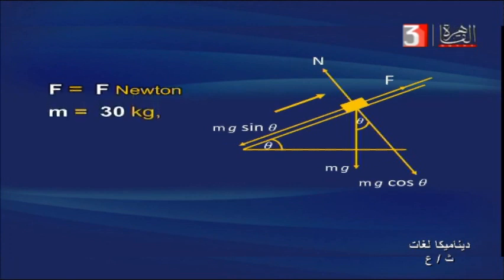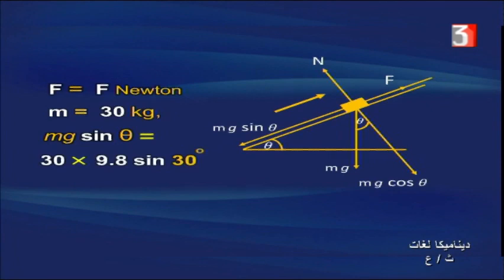The mass of the body equals 30 kilogram. Now, mg sine theta equals 30 times 9.8 times sine 30, which equals 147 Newton.